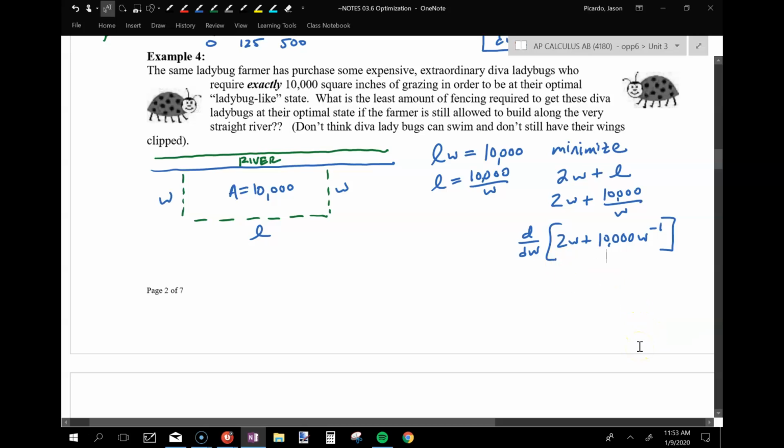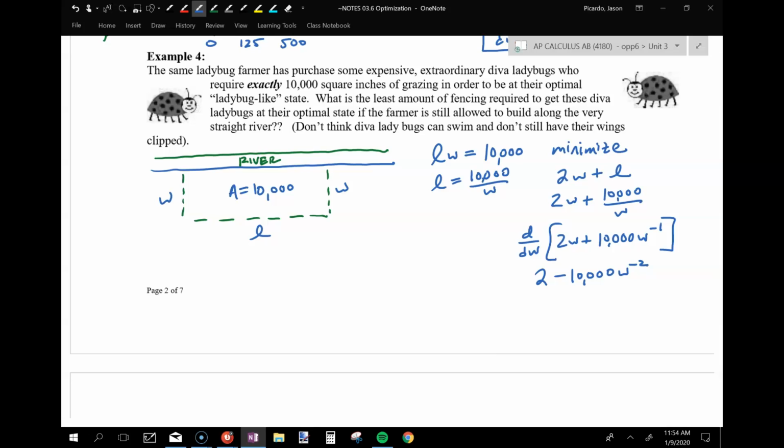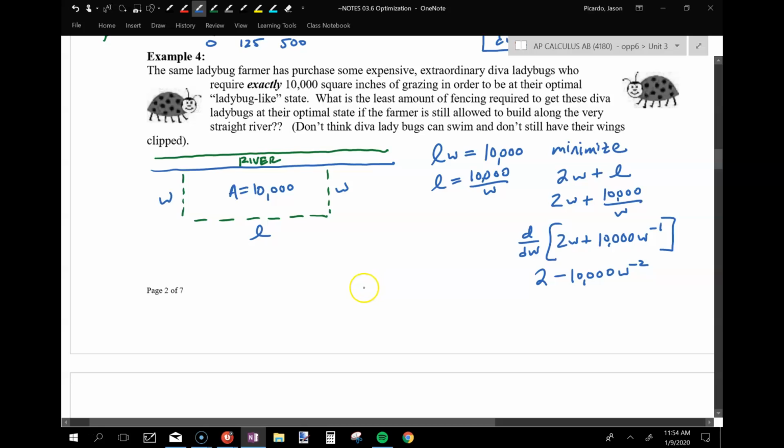So when we differentiate, we get 2 minus 10,000 W to the negative 2. Okay, so let's make it look nice and then figure out critical values from that, right? So if I make it look nice, I get that.